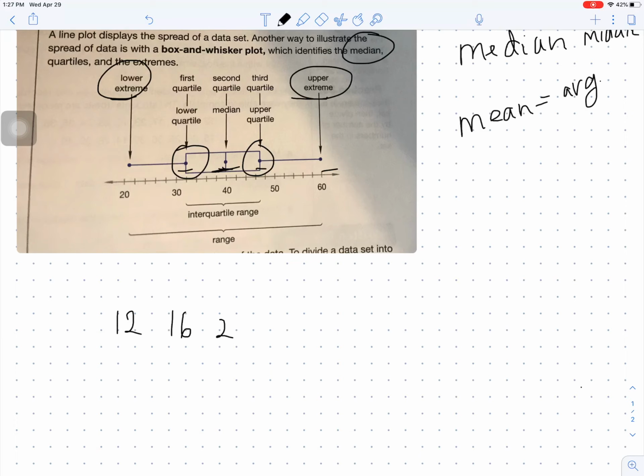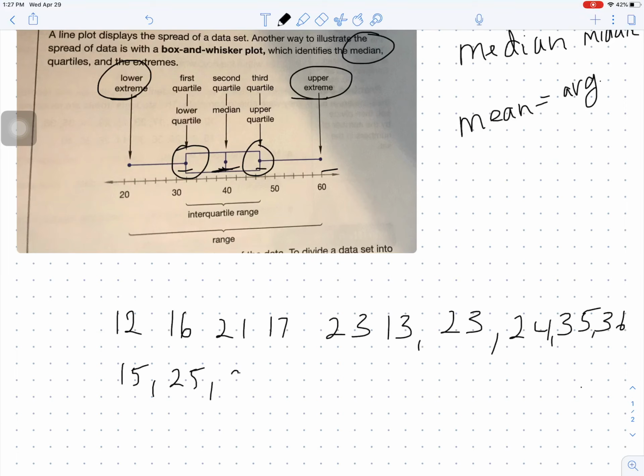In the practice set, we have the numbers 12, 16, 21, 17, 23, 13, 23, 24, 35, 36. I'm trying to keep it in the same rows.